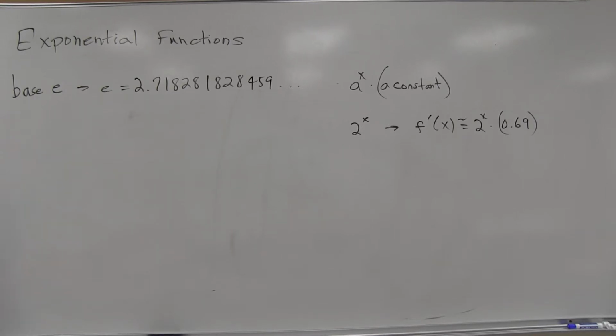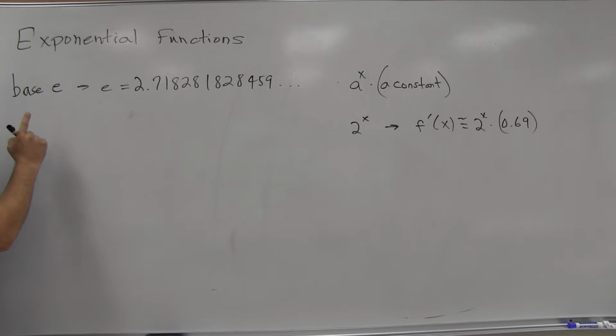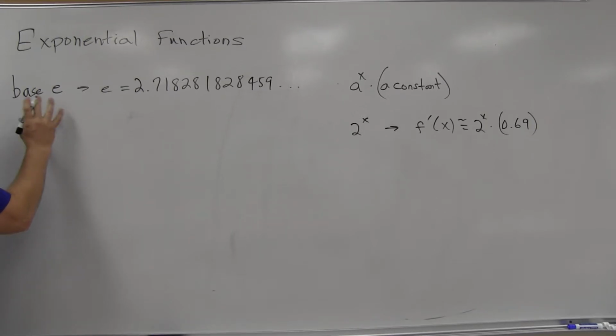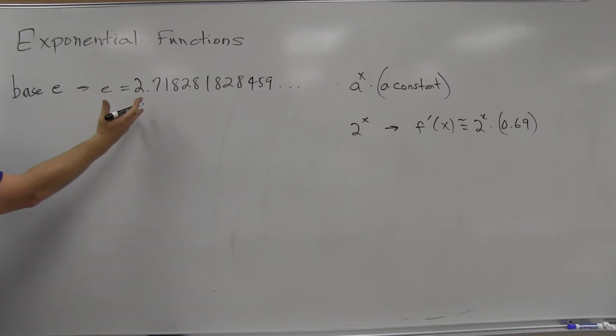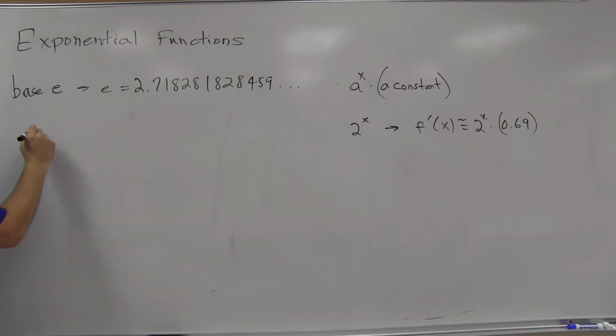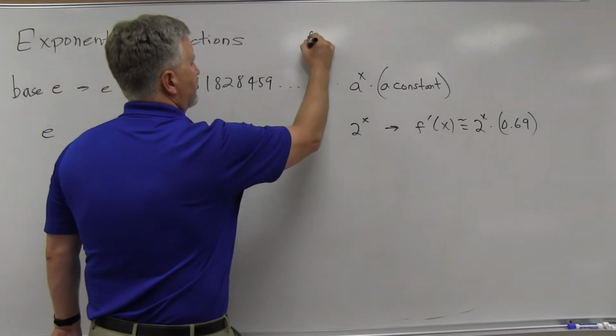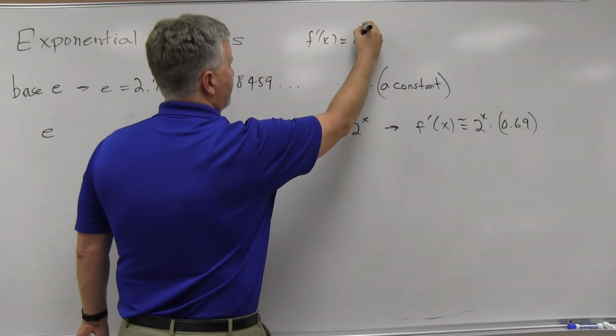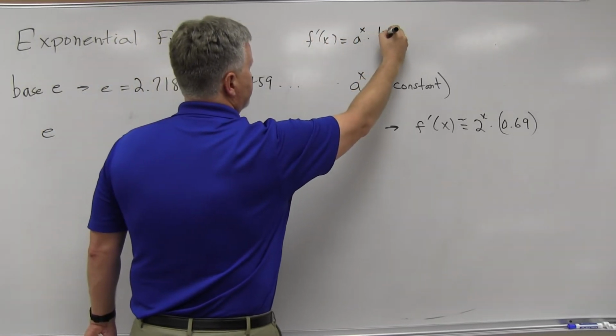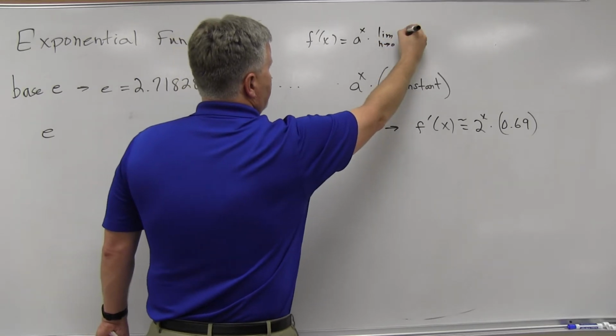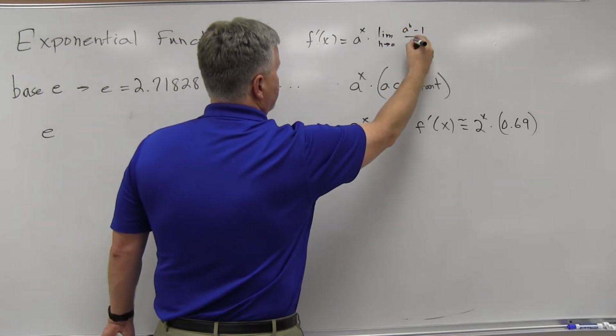But what I was going to say was, one way to define e is the number for which, we had f prime of x equals a to the x times the limit as h approaches 0 of a to the h minus 1 over h.